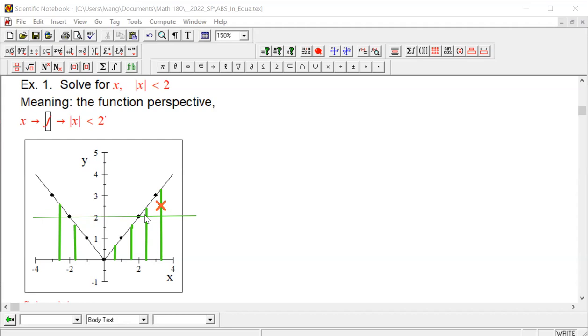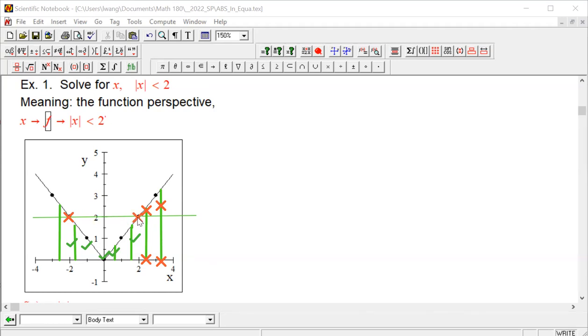This one is not, and this one is not, so those respective inputs will be out. How about this one? This one is yes, and there are many in between. Yes, yes, yes, but not -2.